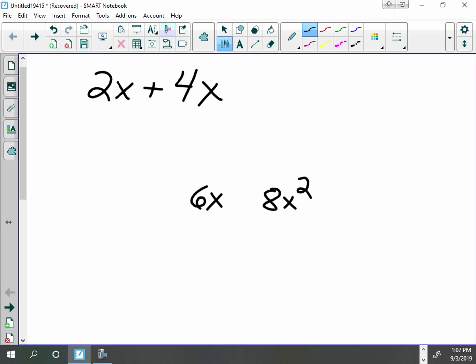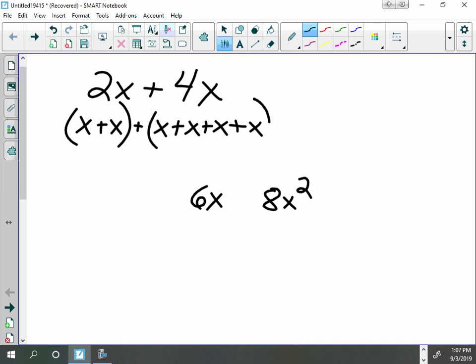Well, we have to remember what addition does. Addition just groups everything into a big whole. So x plus x, and x plus x plus x plus x. There are my 2x's, and here are my 4x's. If I count them all up, I end up with 6x.